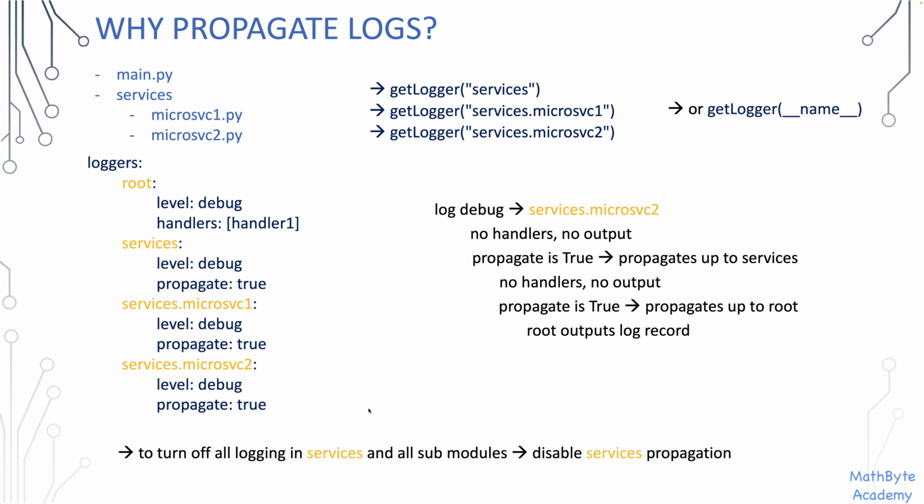But now in production, you don't want to see any of the service logs. Not even the errors and criticals. You're just not interested for some reason. I'm not sure why not, but let's say that's the case, right? You can have situations like that. Well, all you need to do is just turn off propagate on this top level one because there's no handlers, so nothing's going to happen, and then it will stop propagating at that point.